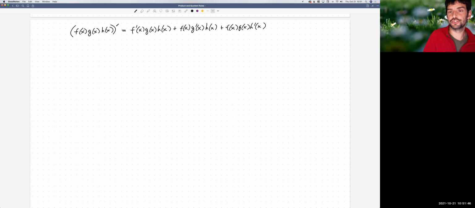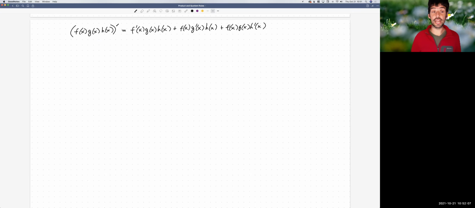That's really what we just showed there. And if we went to 4, we'd have 4 terms in our sum, because each one just takes a turn getting a derivative while the other however many are left over are left alone, and then we add up all those products.